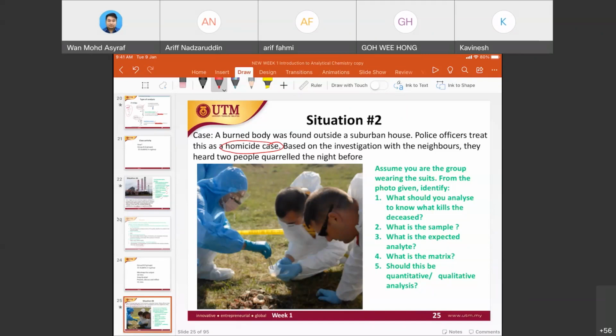So the poison must be ada dekat dalam badan dia. So baru dia dibakar. So this cause of death ni kita nak tahu sebenarnya. That's why kita tak boleh pinpoint a burnt body was found, lepas tu kita kata okay dia mesti dibakar. Tak semestinya, kadang-kadang maybe dia dibakar untuk cover yang sebenarnya dia dibunuh dahulu sebelum dia dibakar. Okay. So let's see the answers.